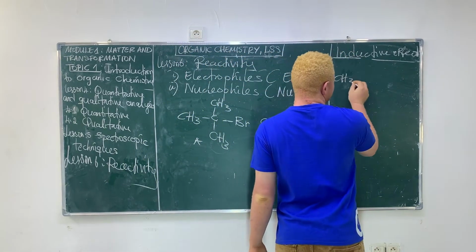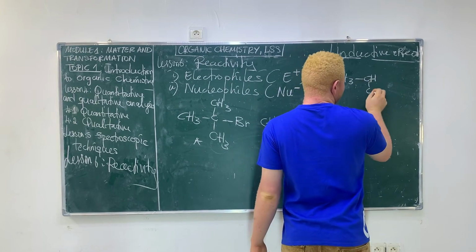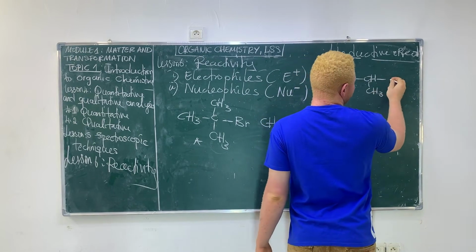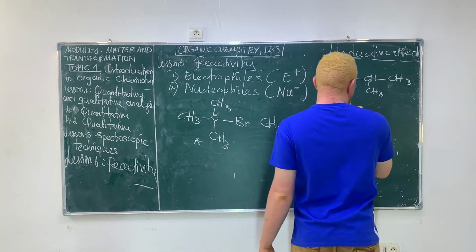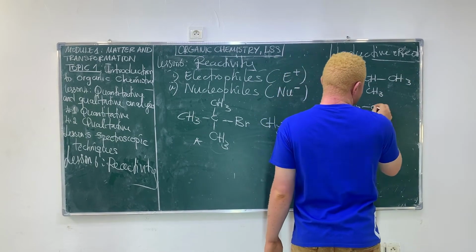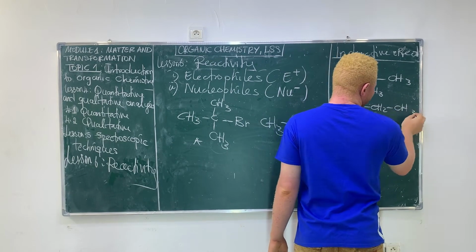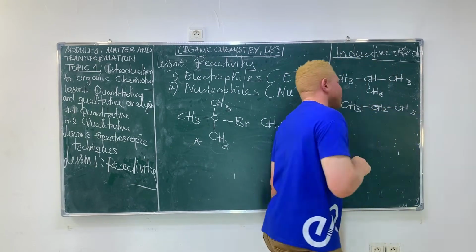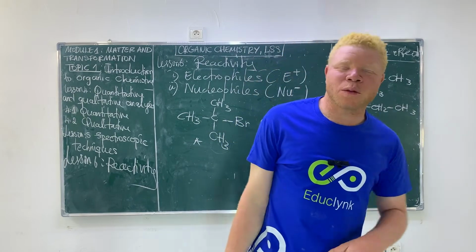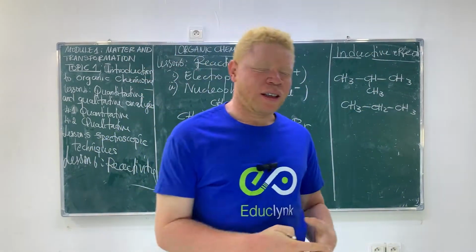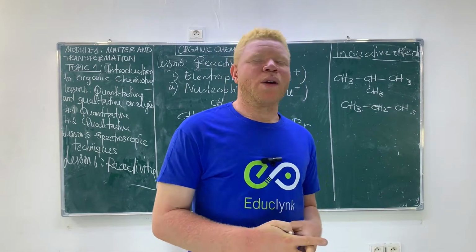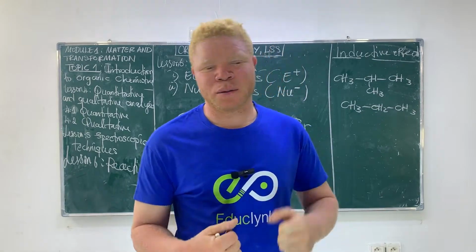Let me write two compounds on the board: CH3CH(CH3)CH3 and CH3CH2CH3. The methyl groups have a positive inductive effect, meaning they are donors of electrons. They increase the reactivity. We can have also electron withdrawing species.